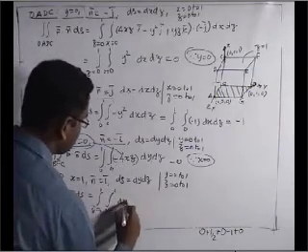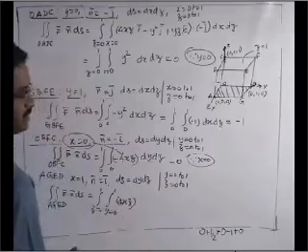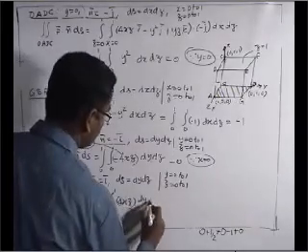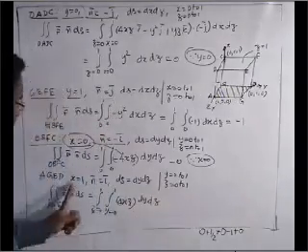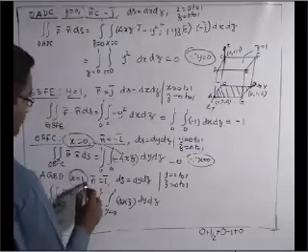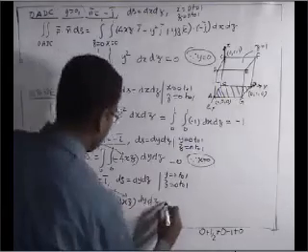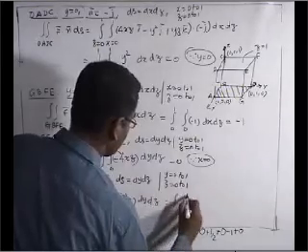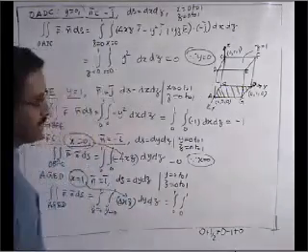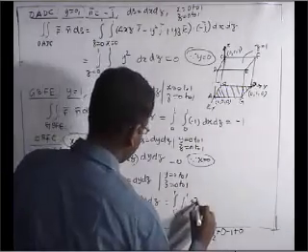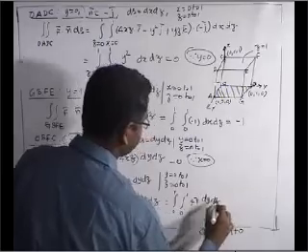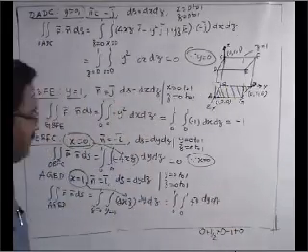So 4xz only positive with respect to dy dz. x is equal to 1 substitute பண்ணிக்கலாம். If you substitute, you will get double integral over 0 to 1, 0 to 1, 4z dy dz.